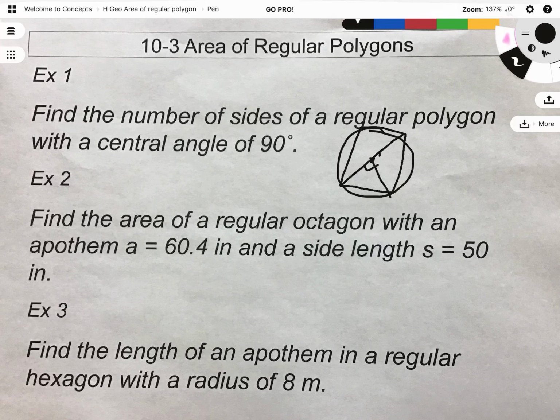Well, that ends up being a square where we all have 90 degrees. So there's 4 sides. So the answer is 4.